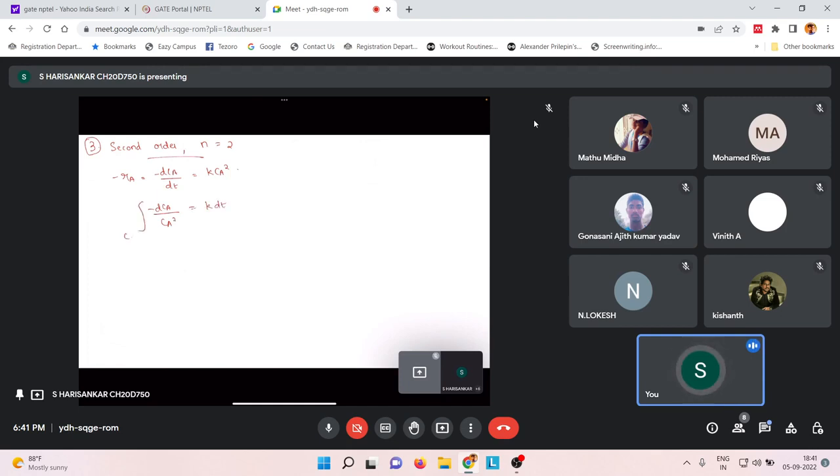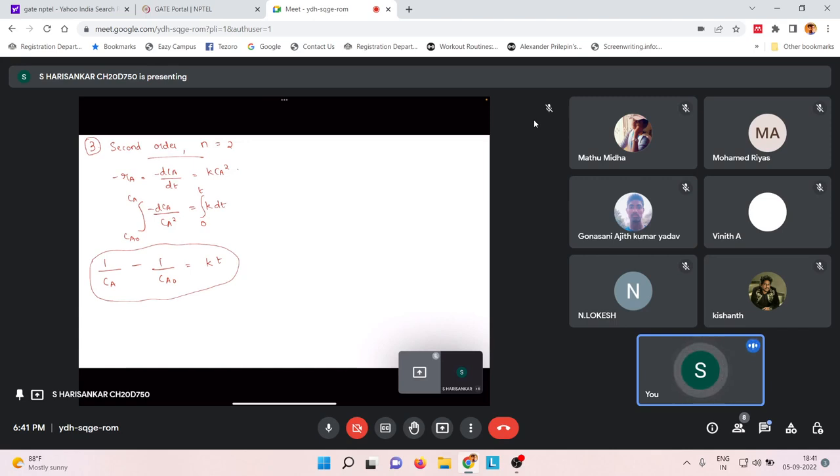And if we integrate from Ca0 to Ca, and this from 0 to t, we'll get the final equation as 1 by Ca minus 1 by Ca0 is equal to kt. Okay. So this is the general equation for second order.